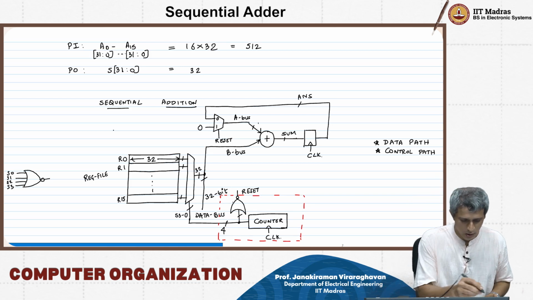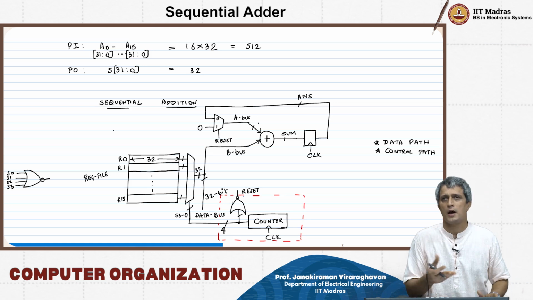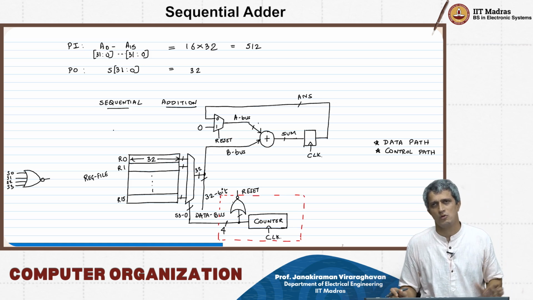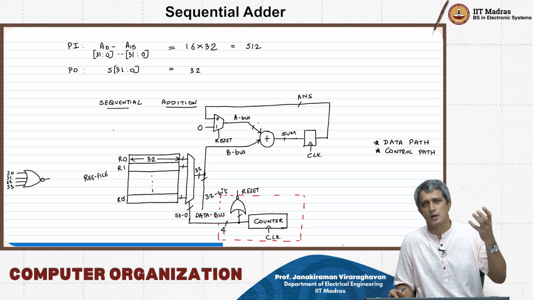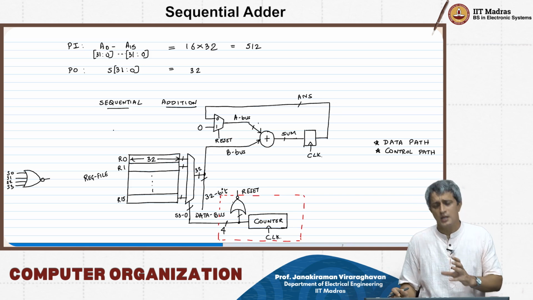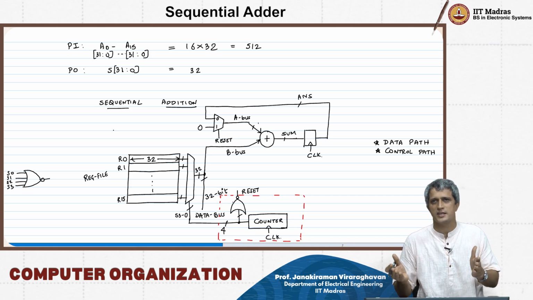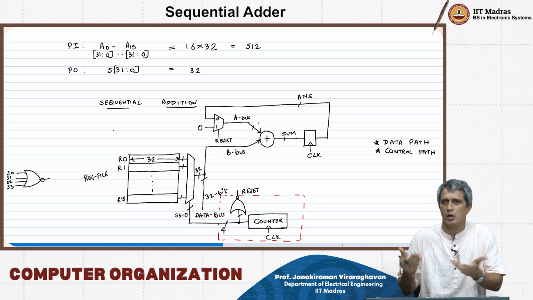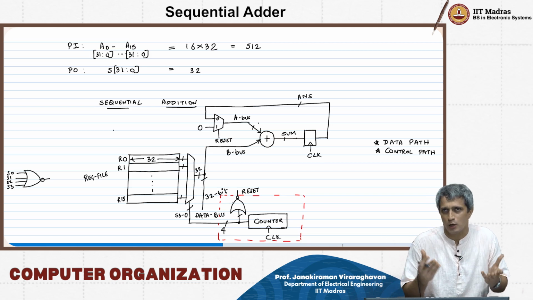It is also interesting to note that the rest of the signal path is just the data path, how data flows to the ALU, to the compute unit, to doing some computation, whatever it is. This red path is the control signals. Reset and S3 to S0 are the control signals that are generated and are part of the control path.